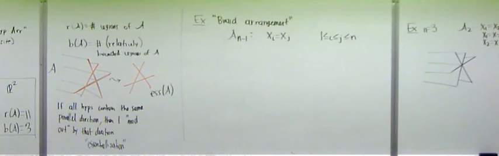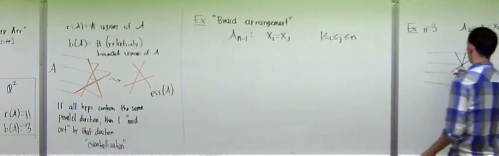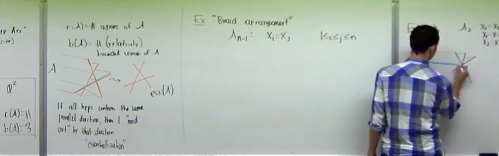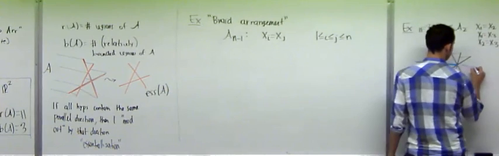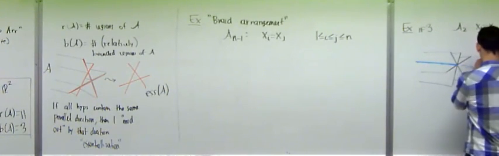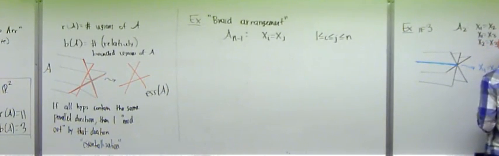Okay. Where this right here, they all go through this line, which is the line x1 equals x2 equals x3.